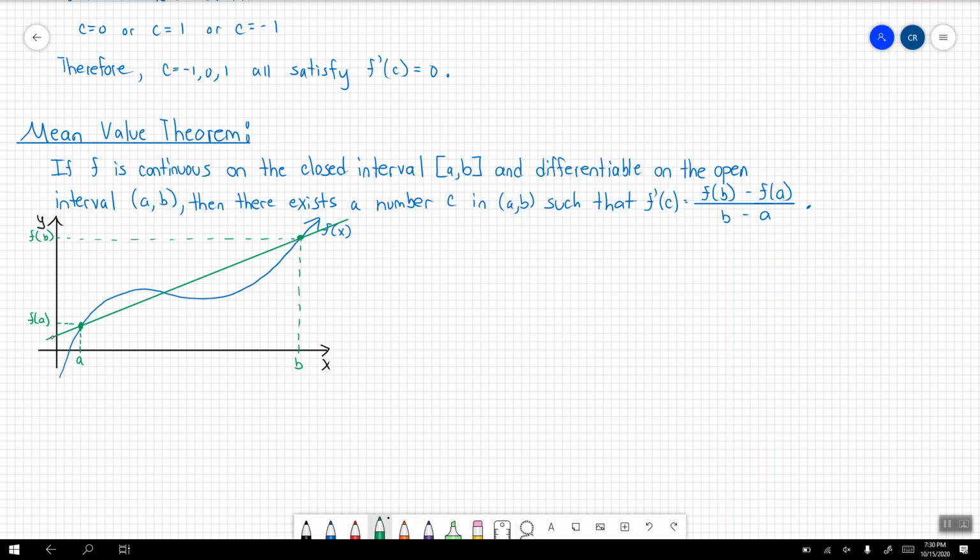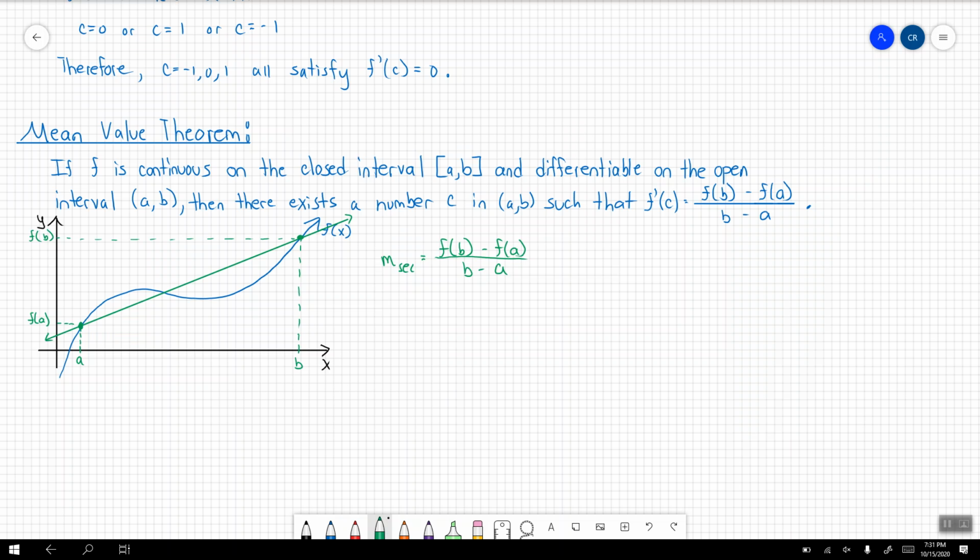So there we have our secant line. And again, the slope of that secant line is f of b minus f of a, all divided by b minus a.